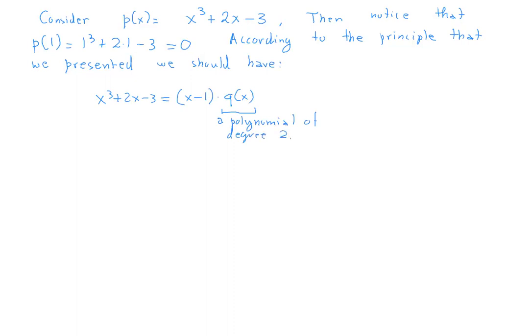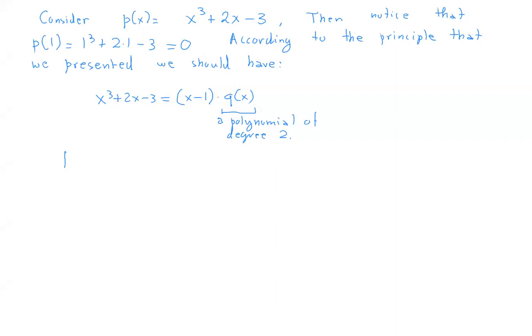And the question is, how do we find this polynomial? And the answer is as follows. Write down the coefficients of the polynomial. But here's what you have to be careful about. As we noted before, some of those coefficients are missing because they're 0, and we don't need to mention them.